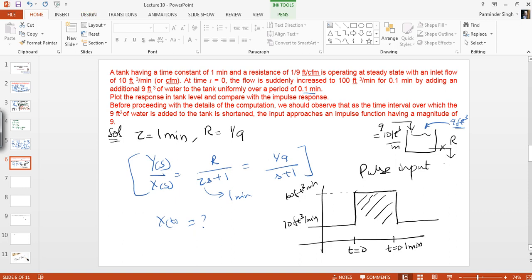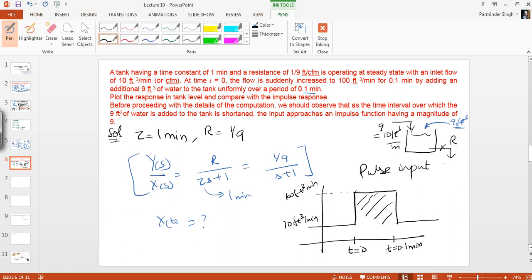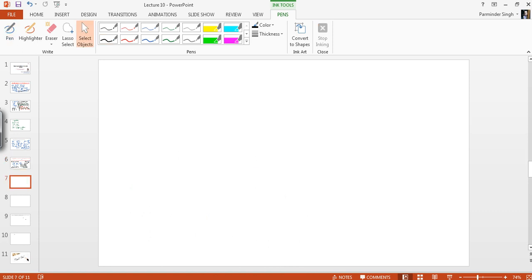Now for the pulse input, what will be x(t)? x(t) is basically u(t) and u(t minus 0.1 minute). And how much is the magnitude? 100 minus 10, 90. So x(t) is 90 of u(t) minus u(t minus 0.1).